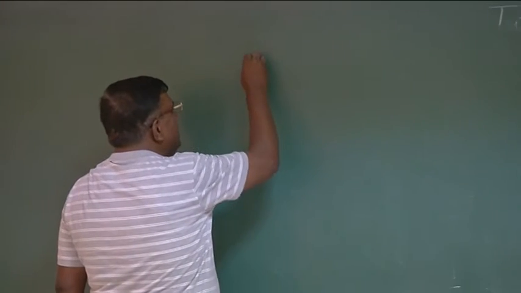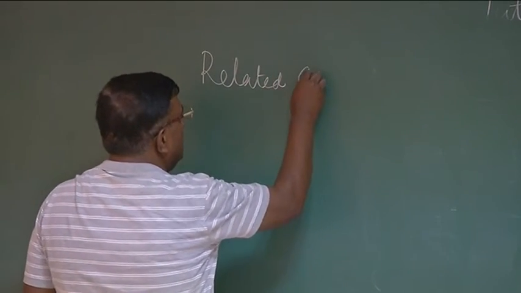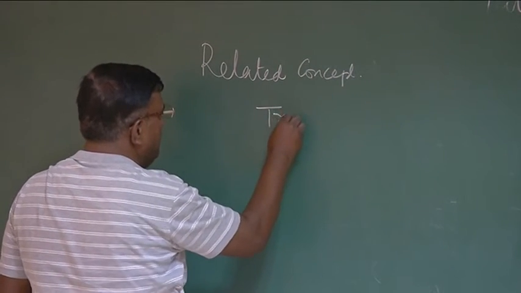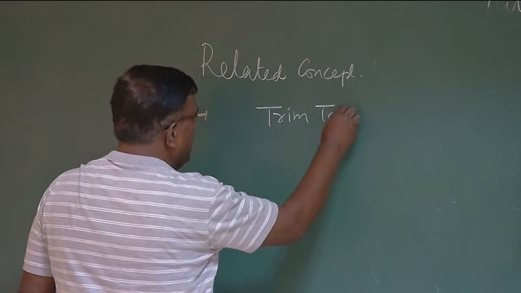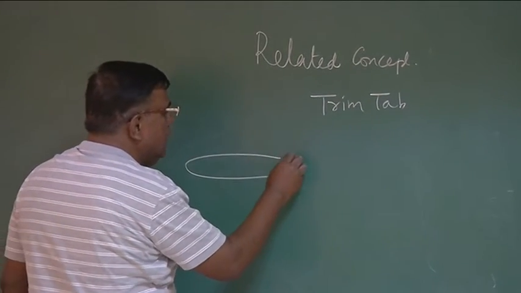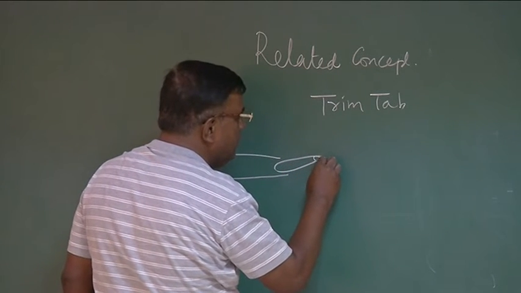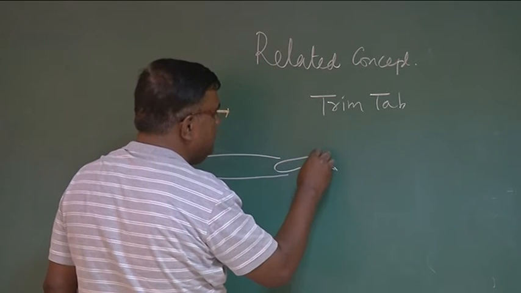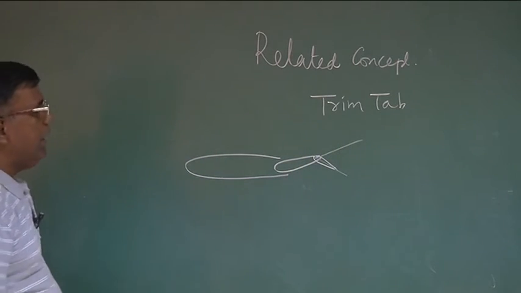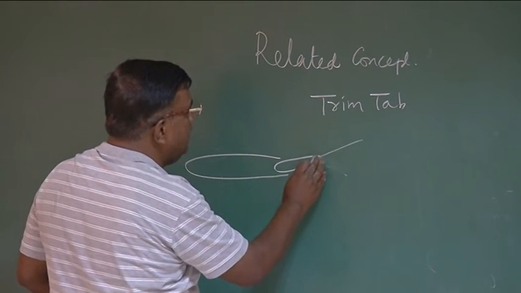So a related concept to stick free is trim tab. If we now realize that this is the tail, say this is the elevator, and I have put a trim tab like this. What happens? Suppose you do not put the trim tab here.